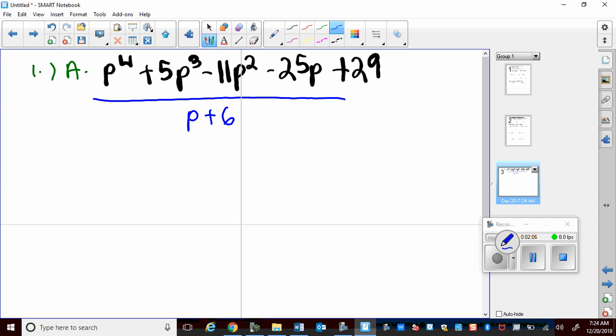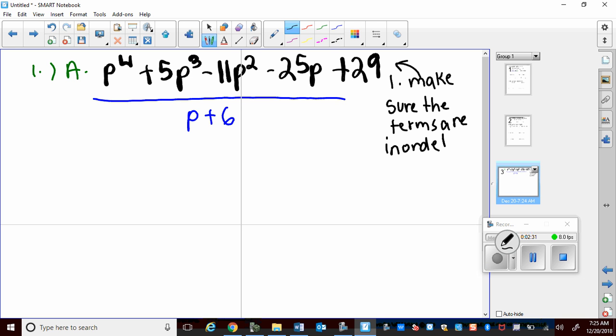We're going to use synthetic division. So these are the steps. Step 1. Make sure the terms are in order for the top line. Step 2.